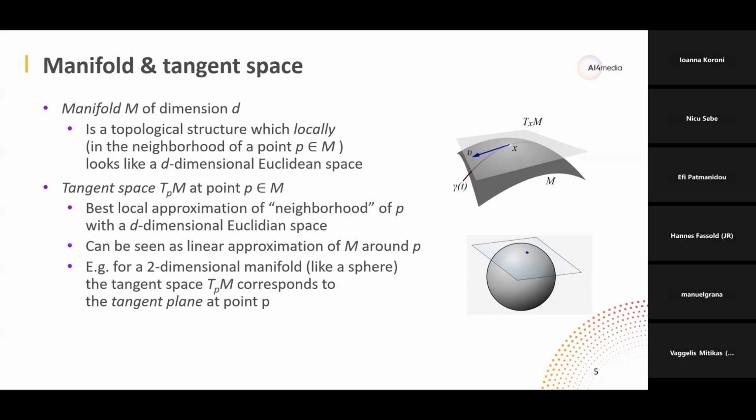You can see that on the right, you have this sphere, which is a two-dimensional manifold, as already said. And in the neighborhood of this certain point P, of course, you can approximate it very well by just fitting a tangent plane at this point.